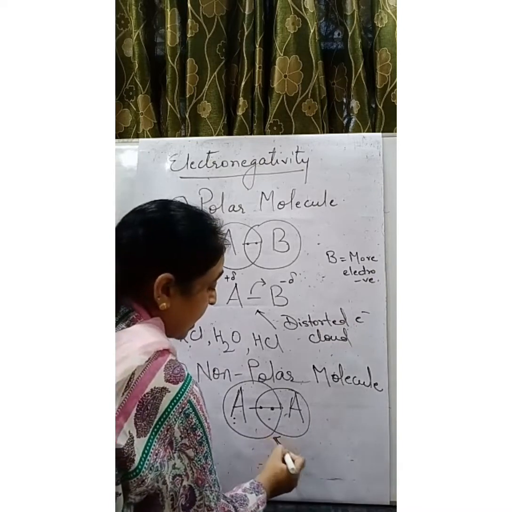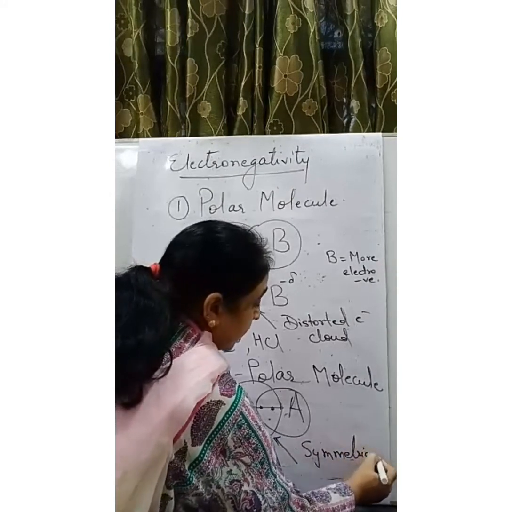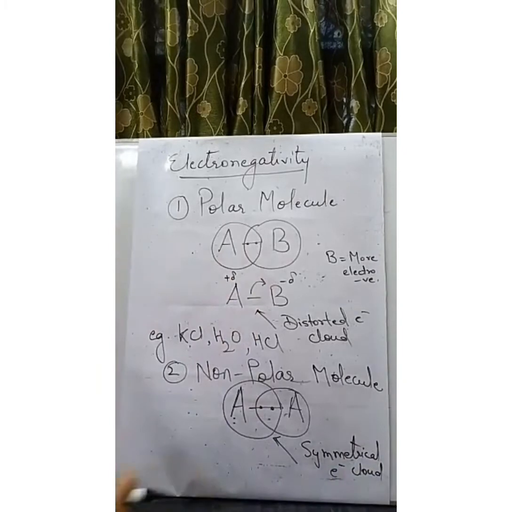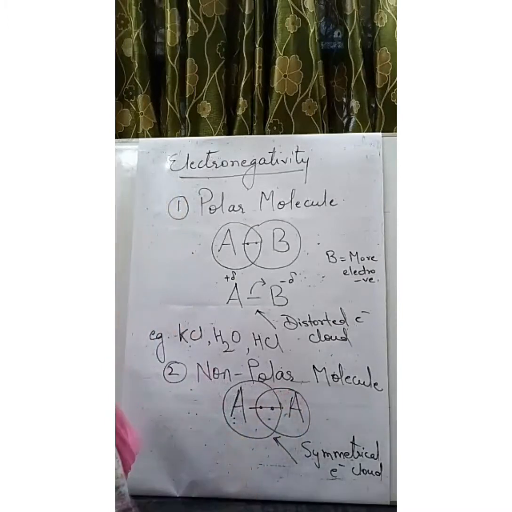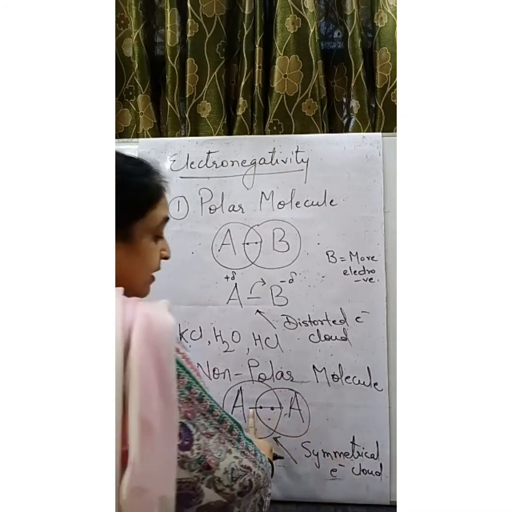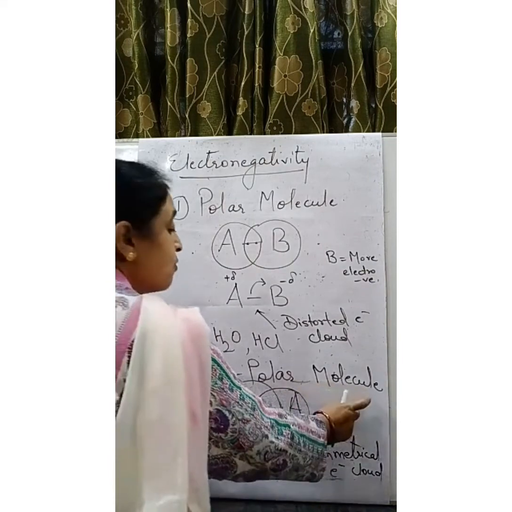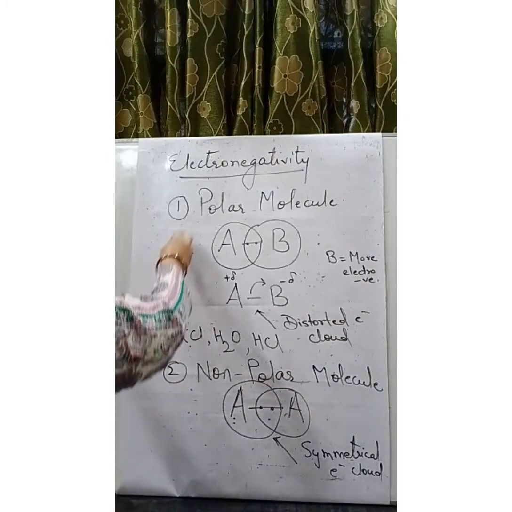So here we are having symmetrical electron cloud. So this electron cloud is symmetrical here, right? And such type of molecules where charge separation does not take place, where there is no difference in electronegativity, are known as non-polar molecules.